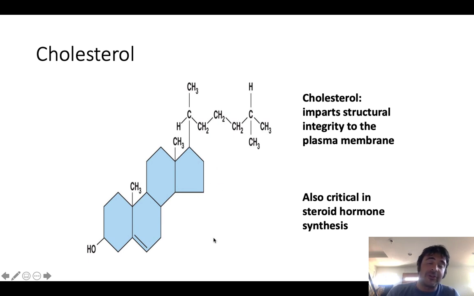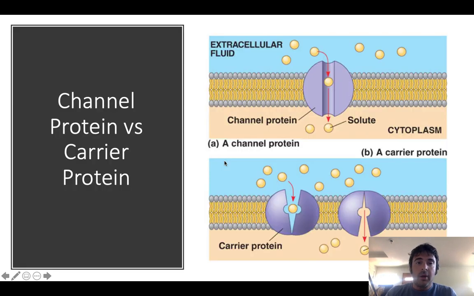Cholesterol, when it enters the cell and it's used, for example, in some metabolic pathway, is also really important in synthesizing steroid hormones. But for this exam, focus on the fact that cholesterol is a critical structural component of cell membranes because it shoves up into those phospholipids and stabilizes those phospholipids internally.